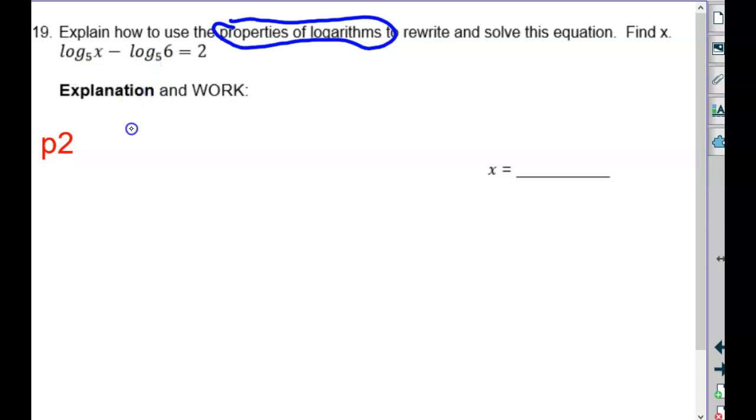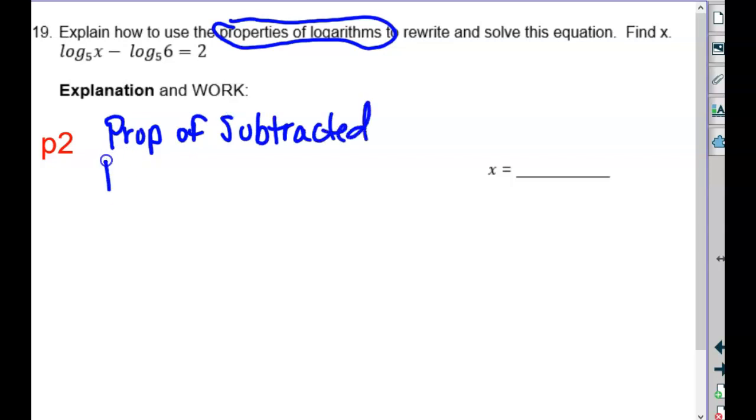I think it's called the quotient property, but I really don't care about a name, okay? I don't know if this is how I would do it either, but I just came up with those words.